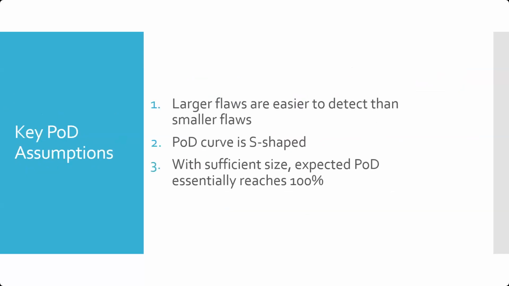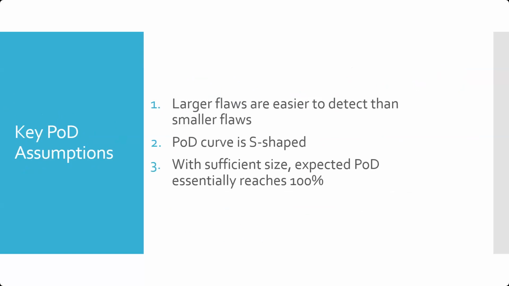So there are some key assumptions when we're looking at this for POD. First off is that larger flaws are easier to detect than smaller. The next is we're going to create a POD curve to figure this out, and the assumption is the POD curve is S-shaped, and we'll see what this is in a minute.